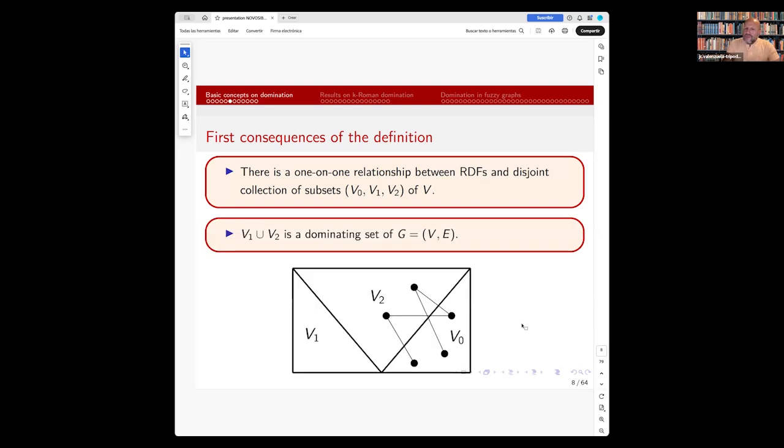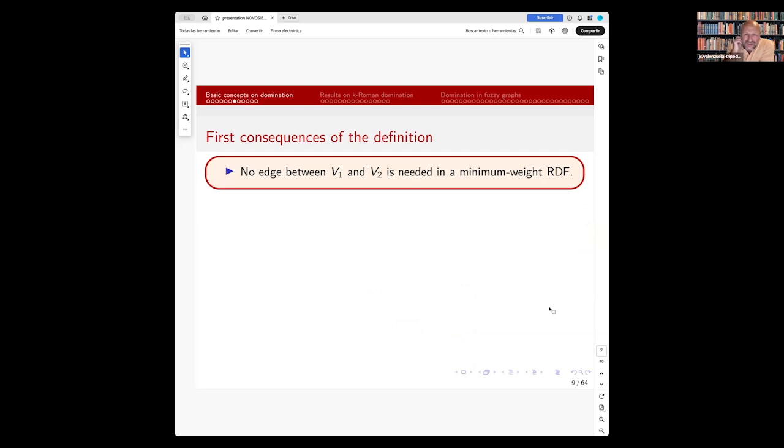We can also note that the set of vertices with a positive label is a dominating set, because every vertex in the set V0, the set of vertices with f equal to 0, is always dominated by at least a vertex in V2.